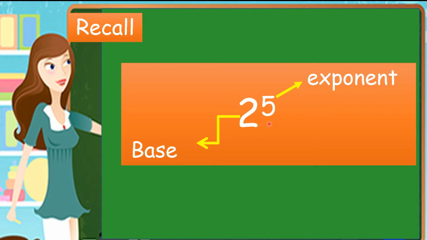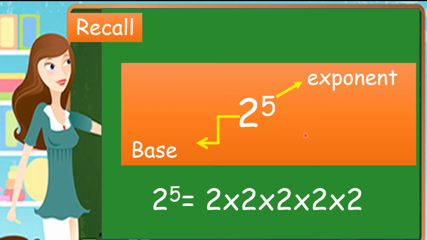So, katulad nito, 2 to the 5th power. Since ang ating exponent ay 5, ilang beses mo imumultiply ang 2 sa kanyang sarili? So, meron tayong 5 beses. So, 2 to the 5th power is equal to 2 times 2 times 2 times 2 times 2, which is 32.